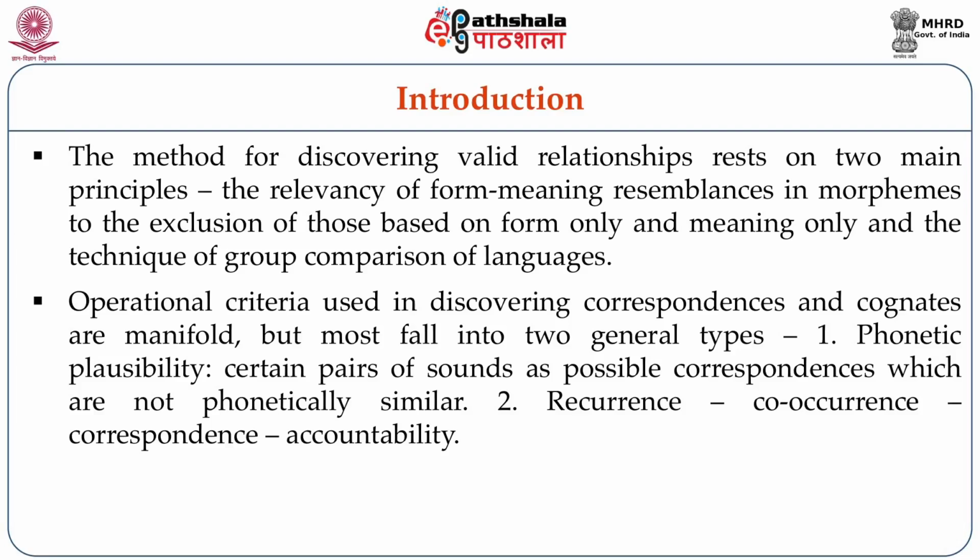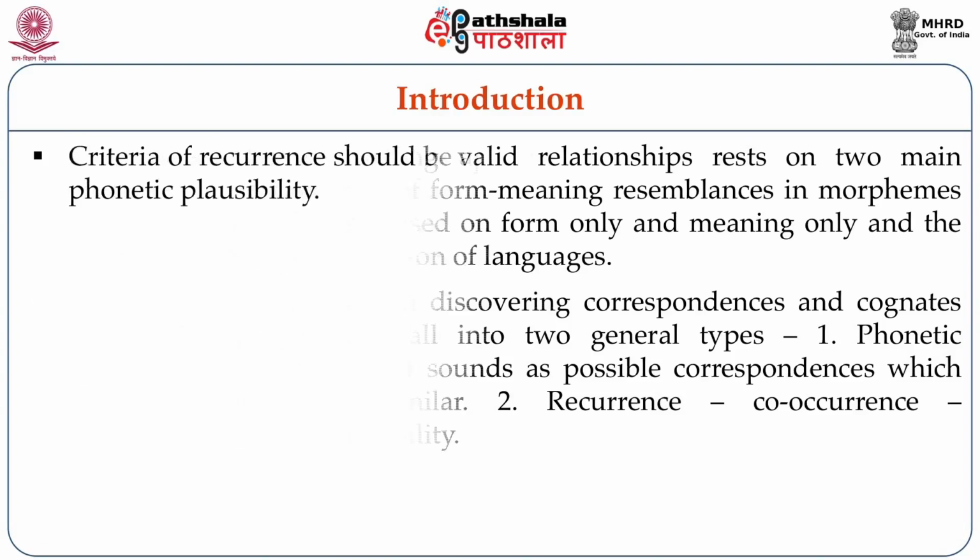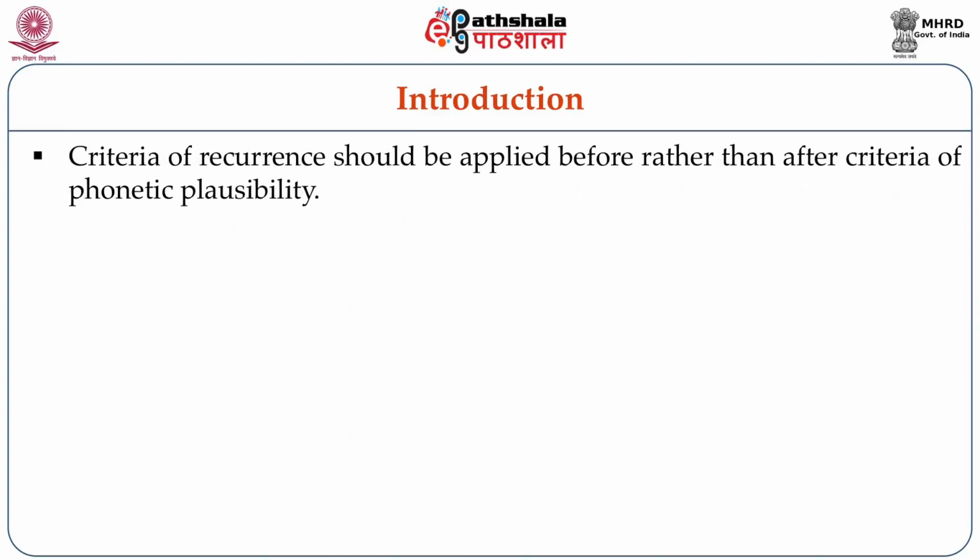Two, recurrence, or co-occurrence: correspondence should be there and they should be accountable. Accountability is equally important. Whether the recurrence is regular or not has to be taken into account. Criteria of recurrence should be applied before rather than after criteria of phonetic plausibility.